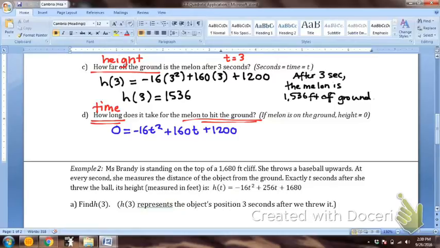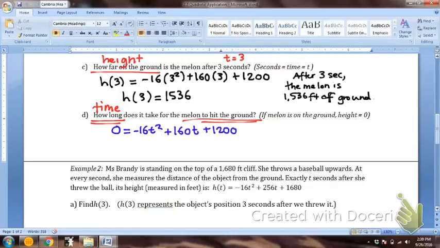Yeah? Okay. Now, here's a hint. Do we want the t squared value to be positive or negative? Positive. So let's factor out a negative 16 from the whole problem. You can't have negative time, but we're not there yet. We're just factoring.